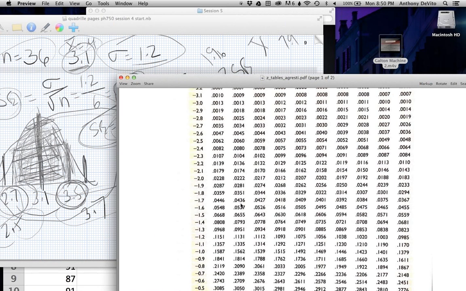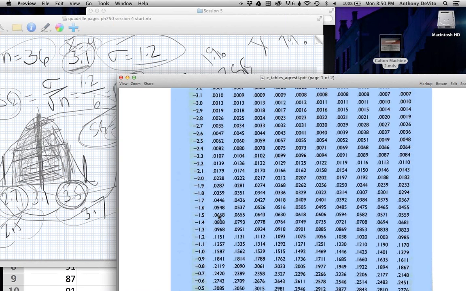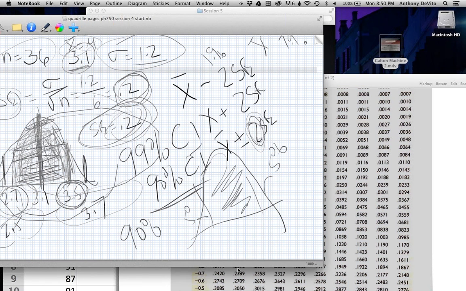An area of 5% would be right about here: 1.64. So it's going to be X bar plus or minus 1.64 standard errors above and below the mean. That's going to be our 90% confidence interval.